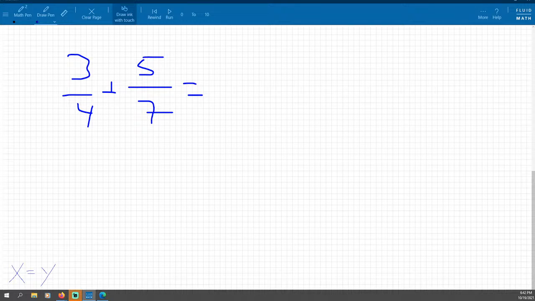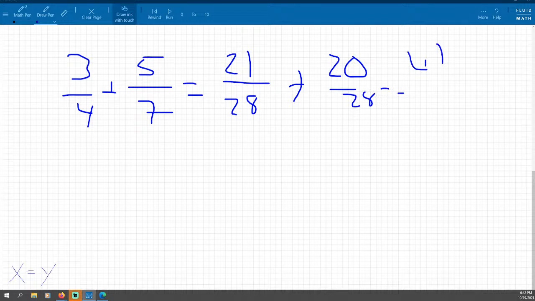So we need to get these to be common. So 28. So we have 21 over 28. To get to 28 is 4. Plus 4. So 20 over 28. That equals 41 over 28.